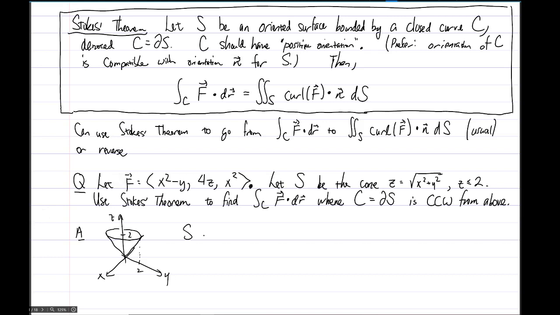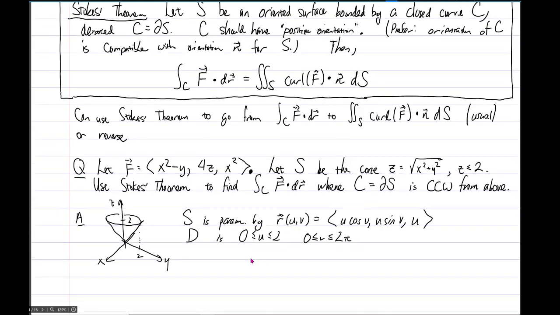Now S is parametrized by r of u comma v equals u cosine v, comma u sine v, comma u. At least this is an option, with the parameter domain D being 0 less than or equal to u less than or equal to 2 and 0 less than or equal to v less than or equal to 2 pi.